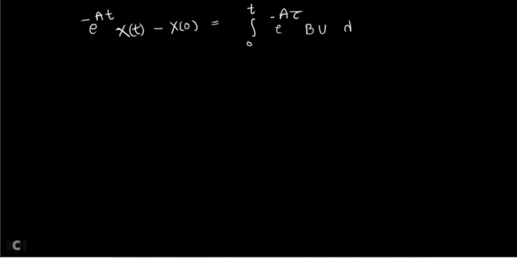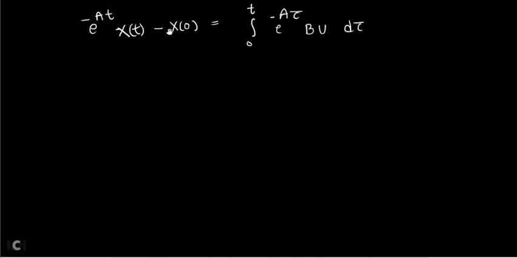So what happens? You are going to get e power minus at into x of t minus x of 0 is equal to, e power 0 is 1, that's why, integration 0 to t e power minus a tau into b into u d tau.